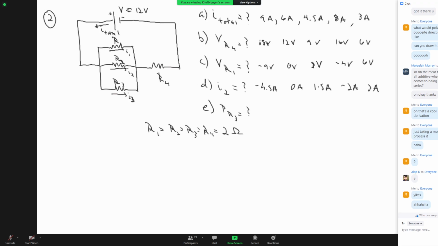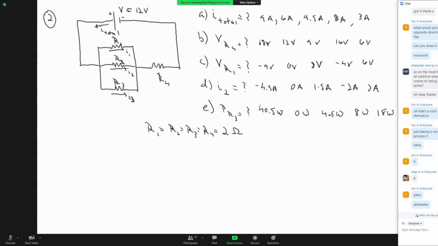And the power associated with it, it's just the current times the voltage. So it's 9 times 4.5. 9 is 36. Half of 9 is 4.5. So 40.5 watts, 0 watts, 4.5 watts, 8 watts, and then 18 watts, respectively.